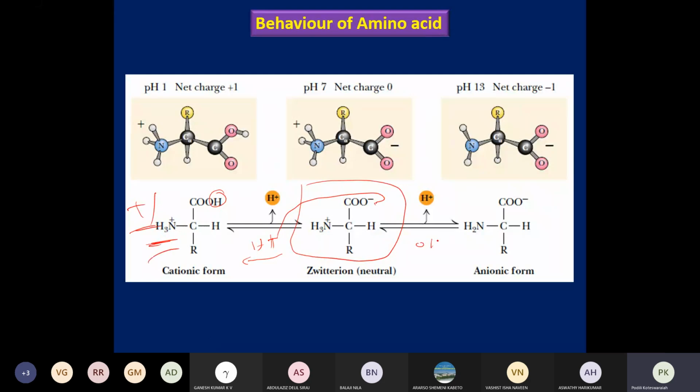Above the isoelectric point, the OH minus pulls one more proton from the NH3 plus. As a result, it becomes NH2. Therefore, the amino acid becomes an anion. So at the isoelectric point, the amino acid has zero net charge. Below the isoelectric point, it exists as a cation. Above the isoelectric point, it exists as an anion.